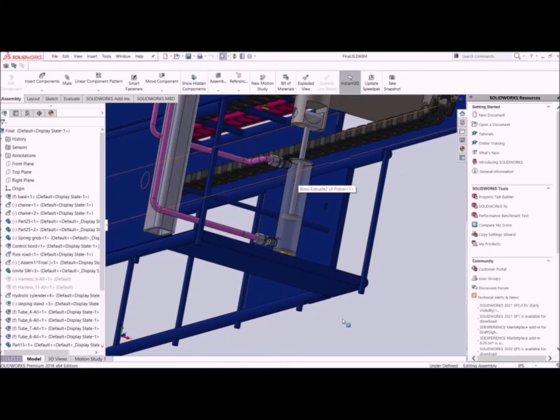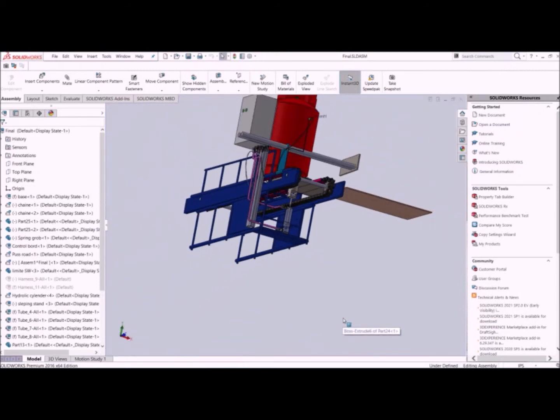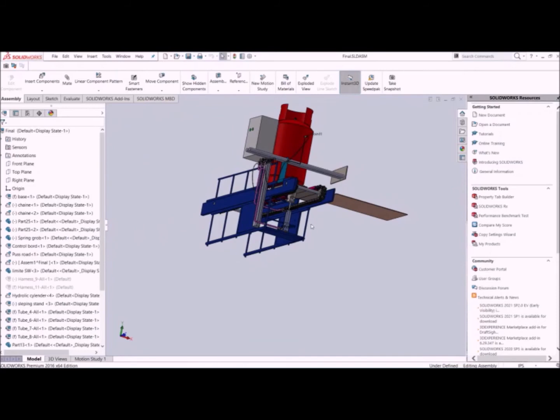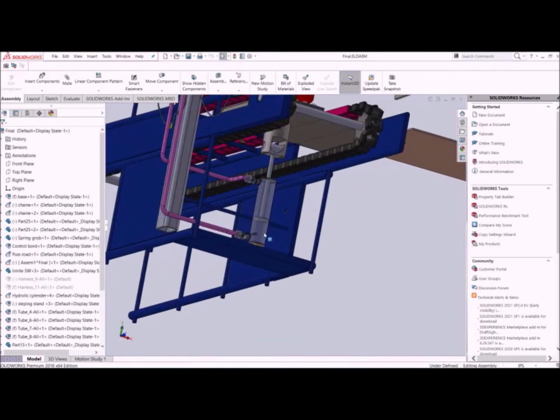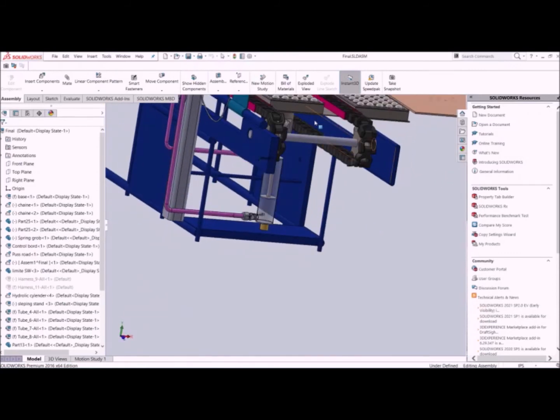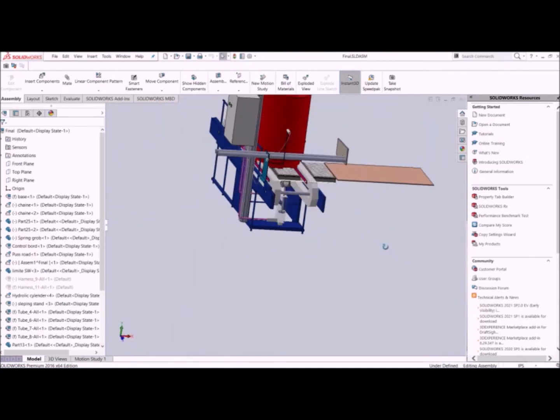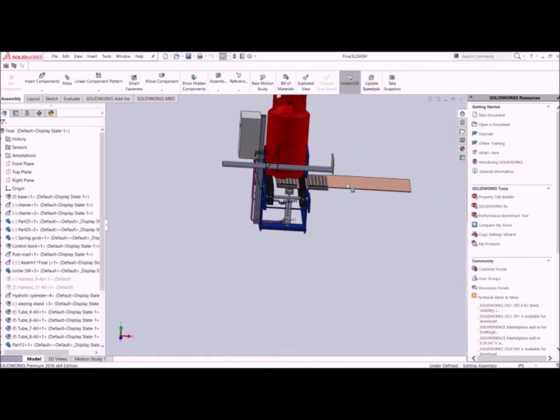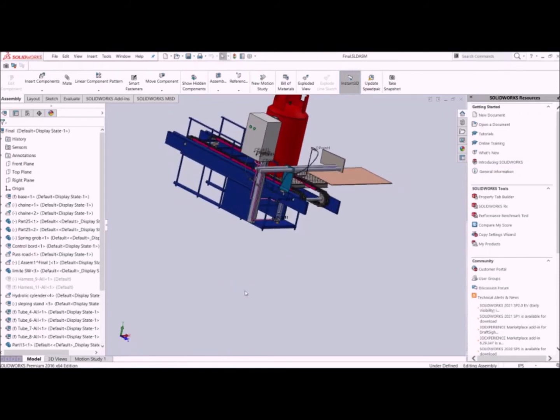When the compressed air goes inside here, the piston will go up and the sliding stand will be in its home position, in this plane.